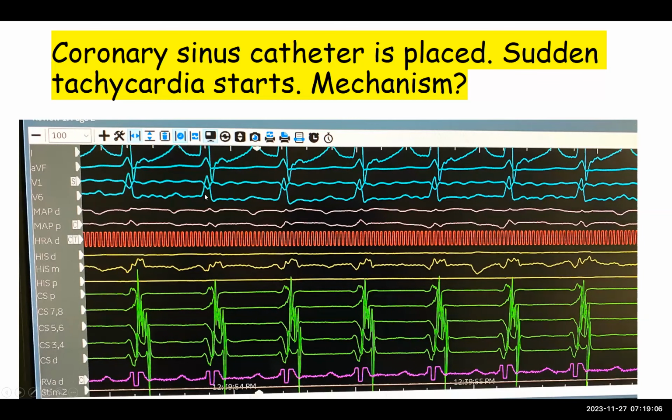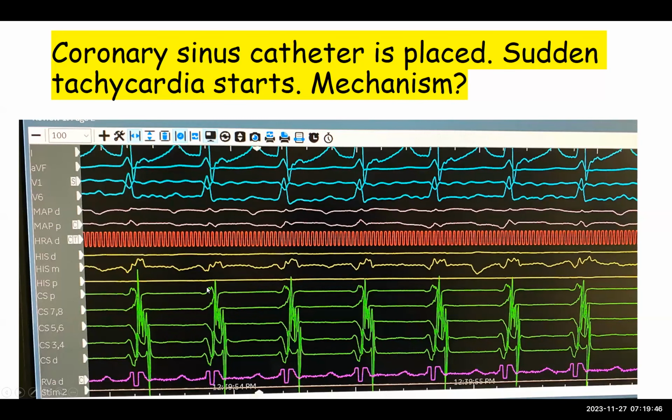But when I see something like this with such a short R to P or VA interval right at the start of the procedure, there are multiple things that could be in the differential, but amongst AVNRT versus ORT, the two most common mechanisms that account for 95% of SVT in kids, I would be thinking first AVNRT, and second ORT with a pathway that's close to the coronary sinus, allowing the VA interval to be this tight.